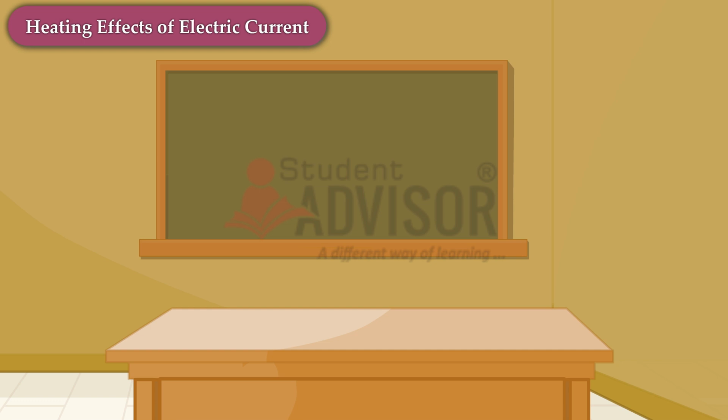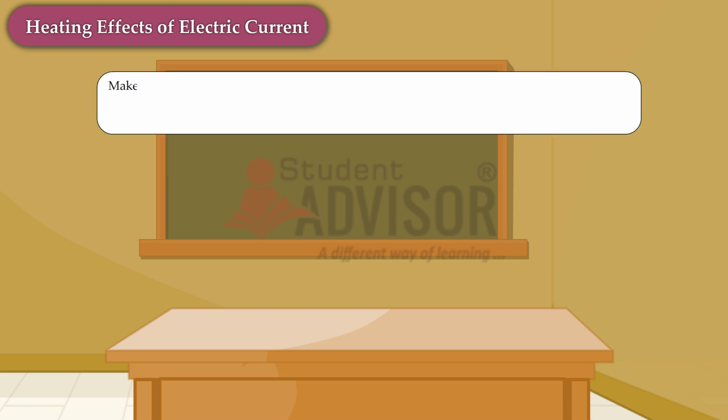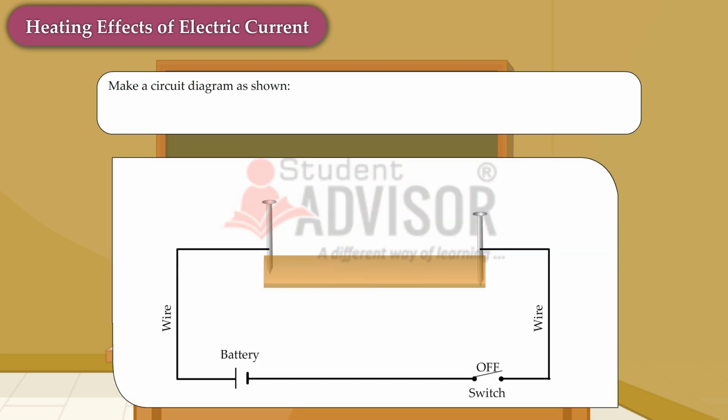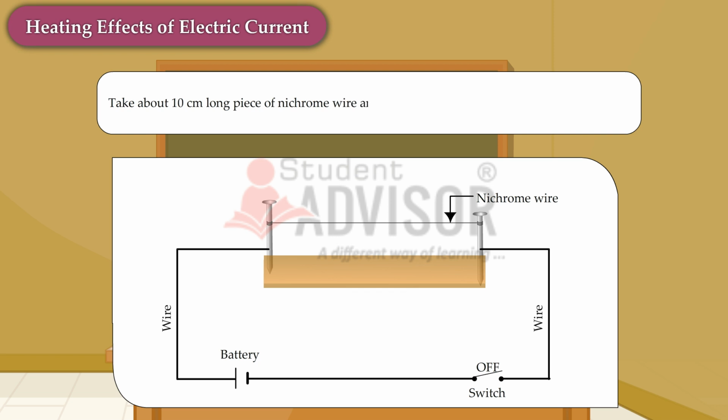Heating effects of electric current. Make a circuit diagram as shown. Take about 10 cm long piece of nichrome wire and tie it between the nails. Touch the wire.